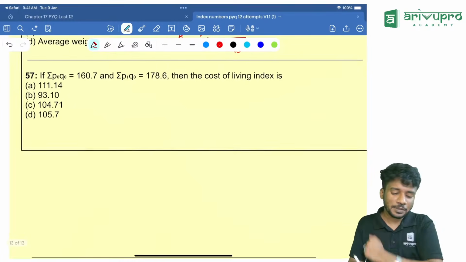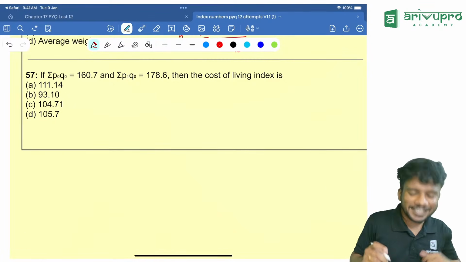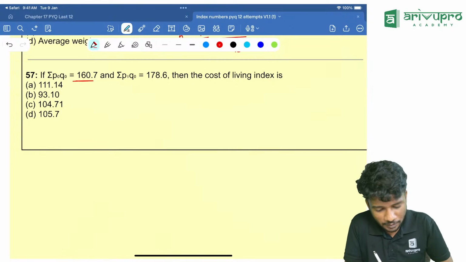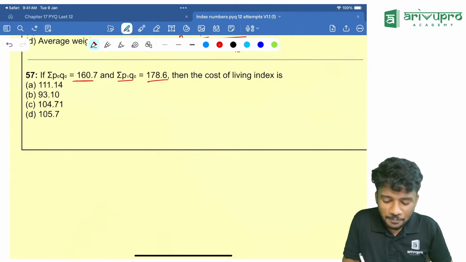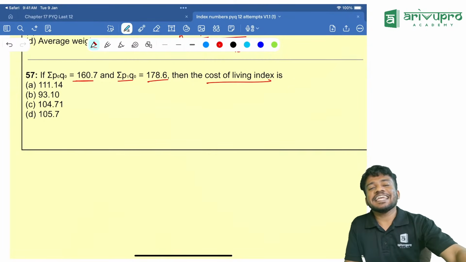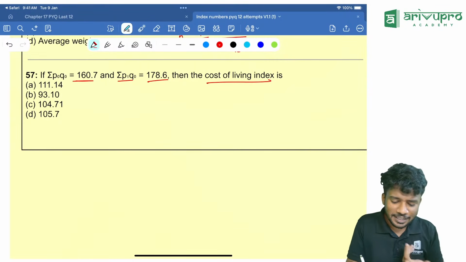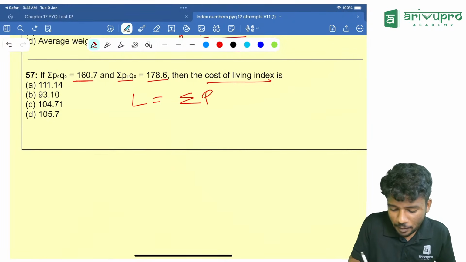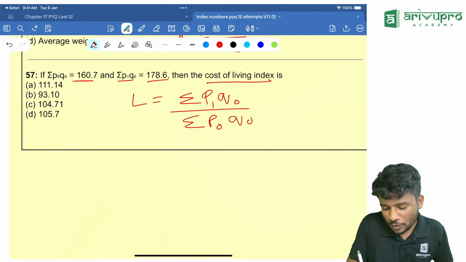And the final question, people: if sigma P0Q0 is equal to 160.7 and sigma P1Q0 is equal to 178.6, what is the cost of living index? They are asking for the cost of living index, so what do we know to find? We only know Laspeyres to find. Laspeyres is equal to sigma P1Q0 divided by sigma P0Q0 into 100.